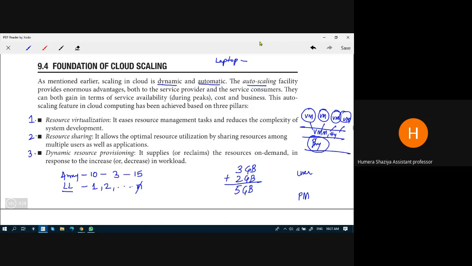Then what happened to that resource? Resource is inactive. Resource is not in use. So if I introduce the concept of sharing, I might give my laptop to someone else, my neighbor or my friend. Whenever I am not using, that particular person is using. And then we are sharing.